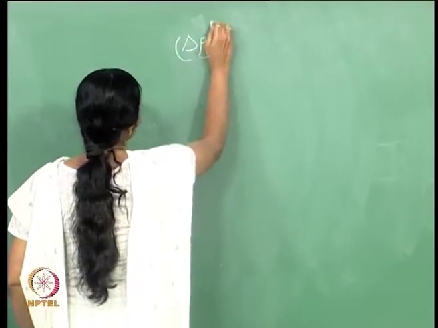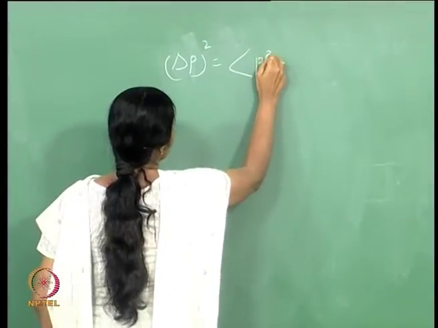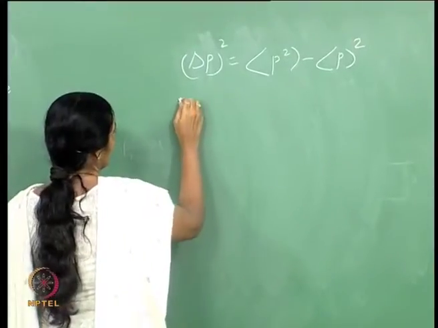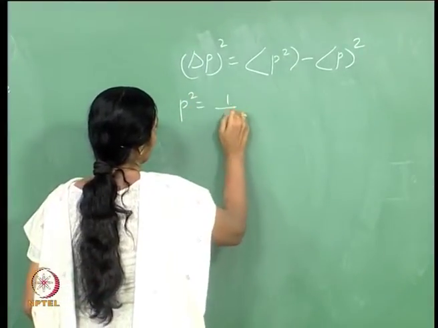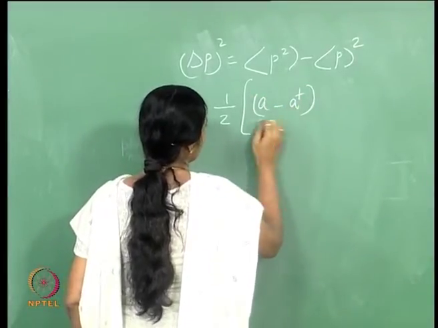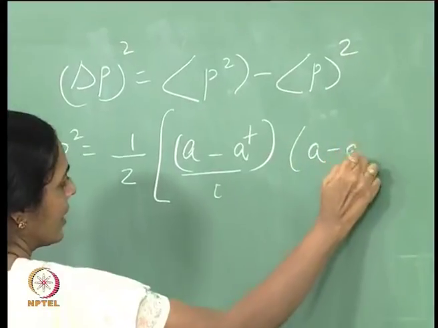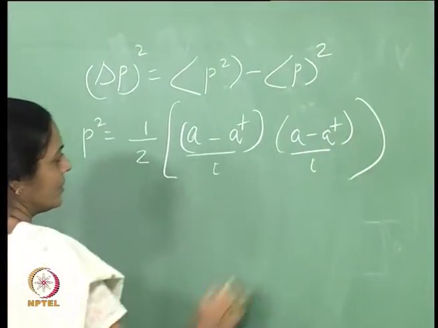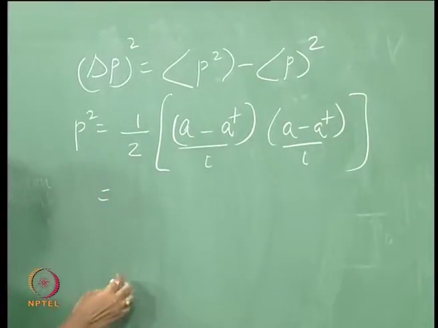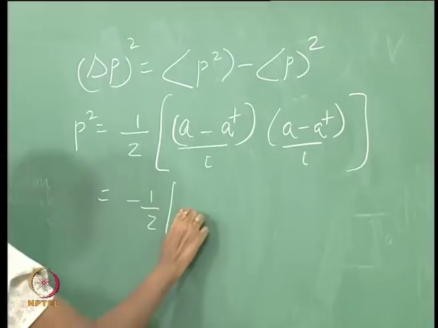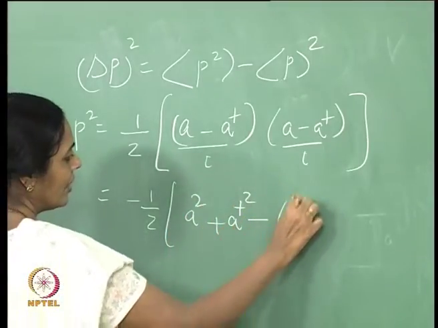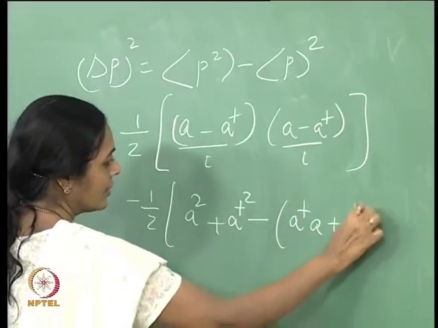So delta p the whole squared is expectation p squared minus expectation of p the whole squared. Now p squared is again 1/2 of A minus A dagger by I, A minus A dagger by I. That is a minus half A squared plus A dagger squared minus of A dagger A plus A dagger.